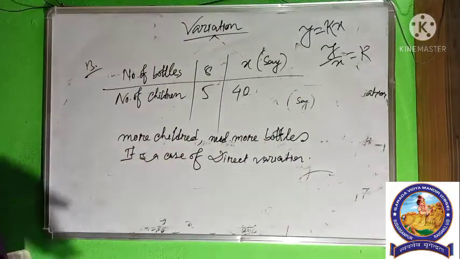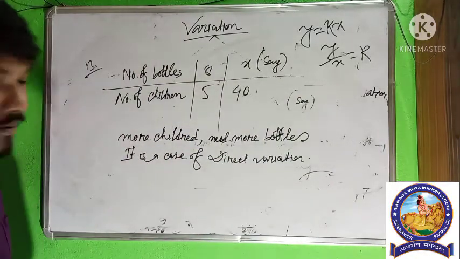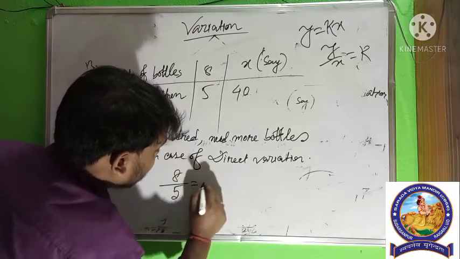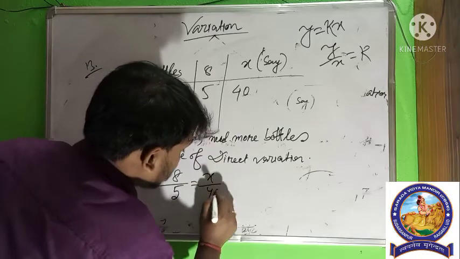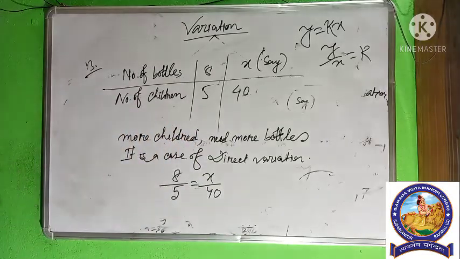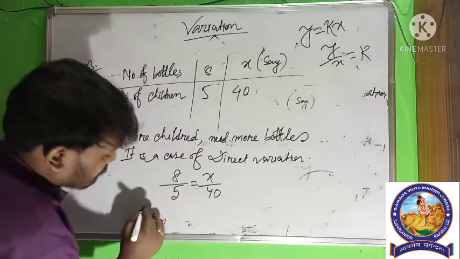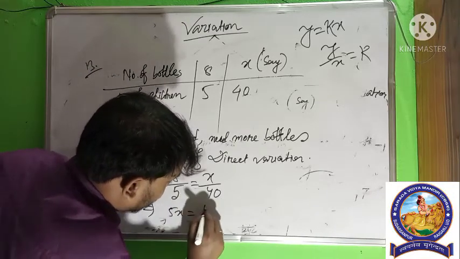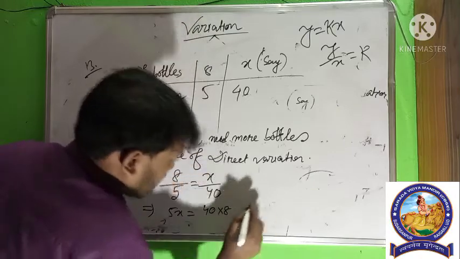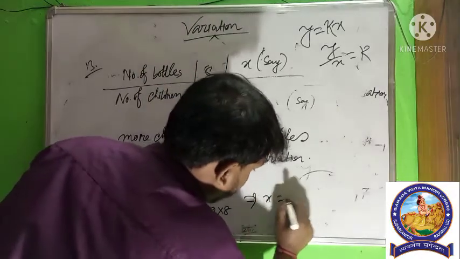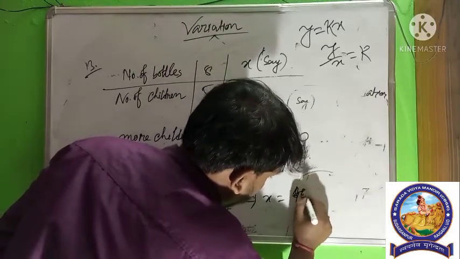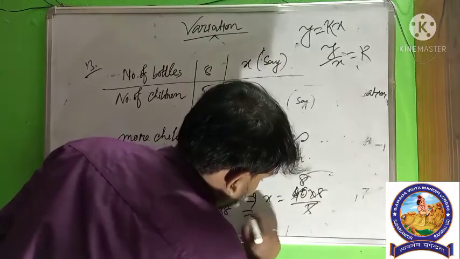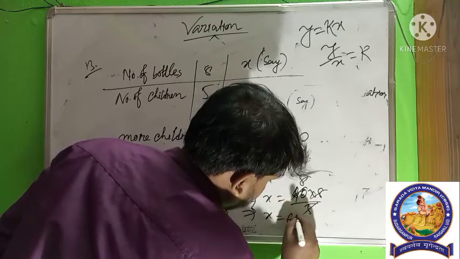Ratios are equal since it is a case of direct variation. First ratio 8 by 5, second ratio x by 40. Value of x: 5x equal to 40 into 8, implies x equal to 40 into 8 by 5, which is 8 into 8, which is 64.